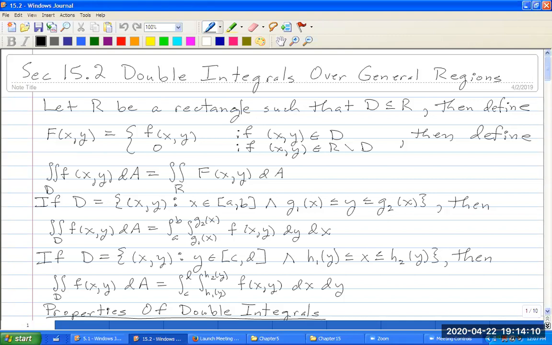I'll call this a region of type 1 if I can write it as follows.